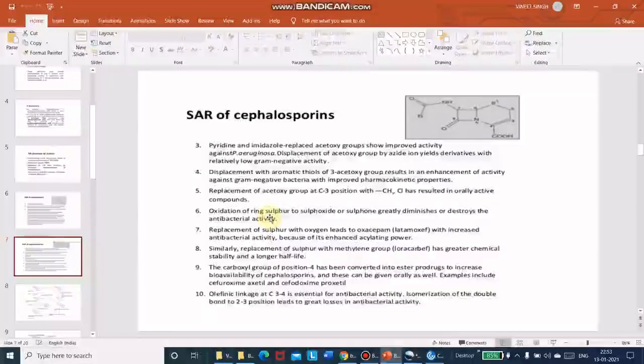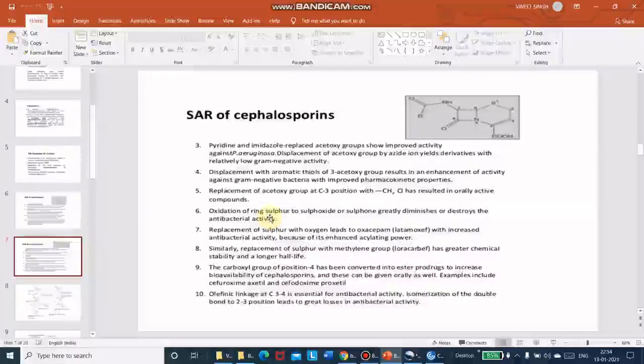Displacement of the 3-acetoxy group with aromatic thiols results in an enhancement of activity against gram negative bacteria, with improved pharmacokinetic properties.